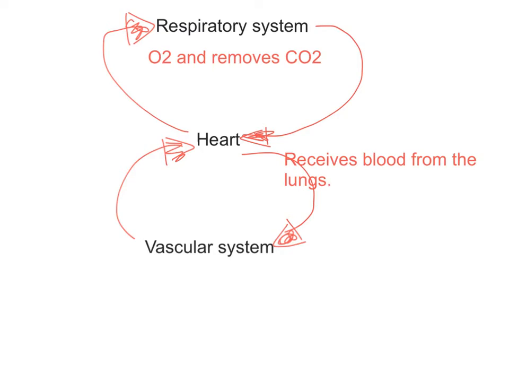What it does then is it acts as a double pump system, which means blood goes through the heart twice. The heart forces blood around the vascular system to the lungs and the body, which include the tissues and the muscles.